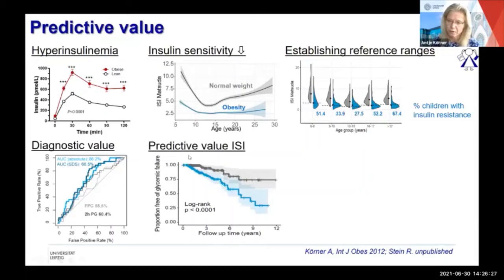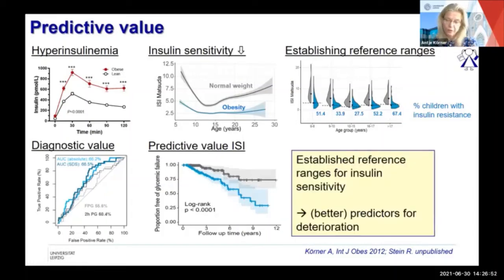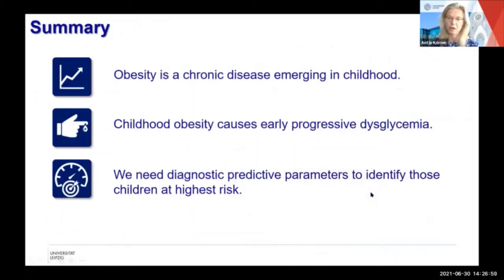Here it is shown for the insulin sensitivity index Matsuda, and you clearly see that those who have impaired insulin sensitivity have a much higher risk of developing dysglycemia much earlier. And just for comparison, with the fasting plasma glucose, you see that it's not really possible to discriminate those children at risk. So those references could be used really to better stratify for risk of developing glucose deterioration.